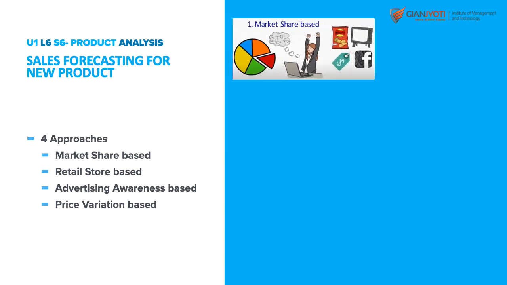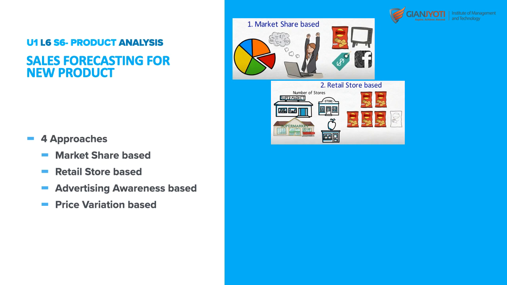Number one is your market share based. So what you do is we try to use the analytics again for either a similar product, or try to assess the market growth of a similar product or the product which you are launching, and based on the characteristics, you try to see what is going to be the market share, and you come out with some forecast.